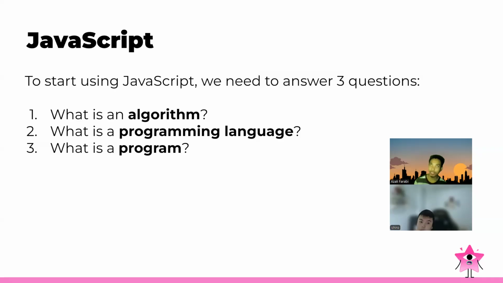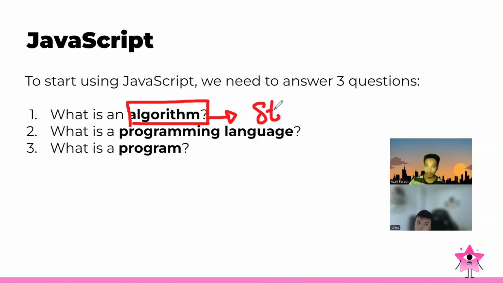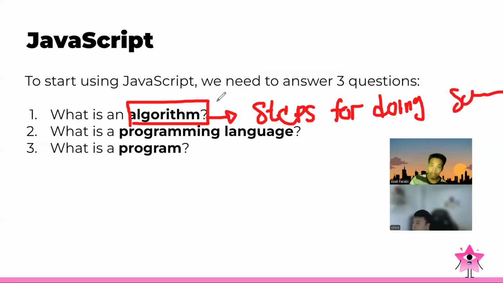Now let me make it clear, Ichiro. If you want the simplest terms of algorithm, you can say an algorithm is just like steps for doing something. So it's like procedure text, steps for doing something, which means you will have first step, second step, third, fourth, and so on.